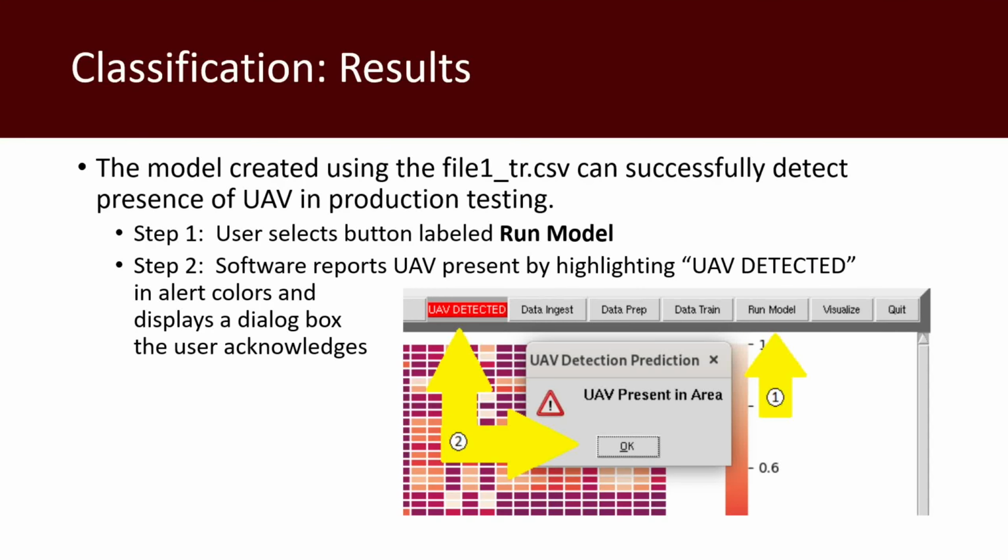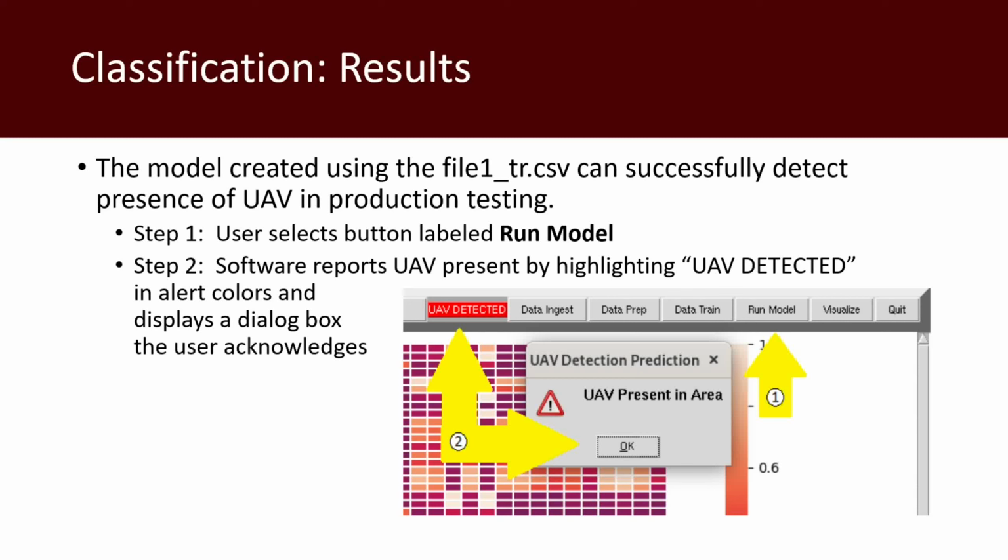On this slide, I'm showing how a user would detect UAVs with the tool. Once a user has a model loaded and they specify a data file, generally produced from Wireshark, they would be able to select the Run Model button. That's step number 1. That would initiate the tool to start processing the data and run the algorithm that has been selected.